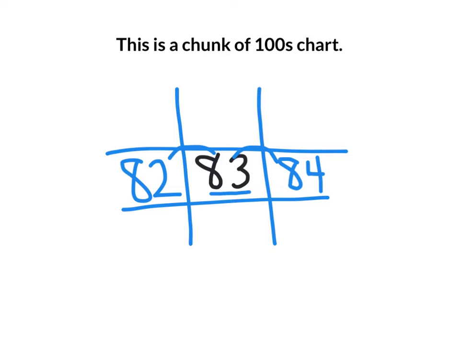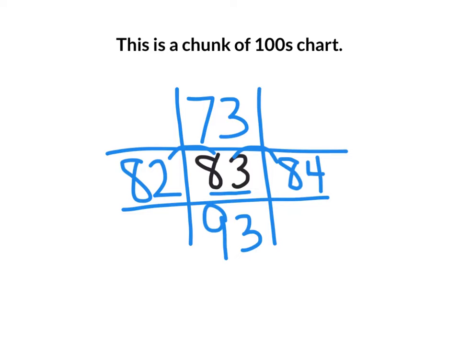So 10 less than 83 is 73. 10 more is 93. So the more we work with a hundreds chart, the more we're going to notice a pattern that the number in the ones place, when you go down the column, stays the same. But the number in the tens place increases. 70, 80, 90. That's the goal for students to understand that.